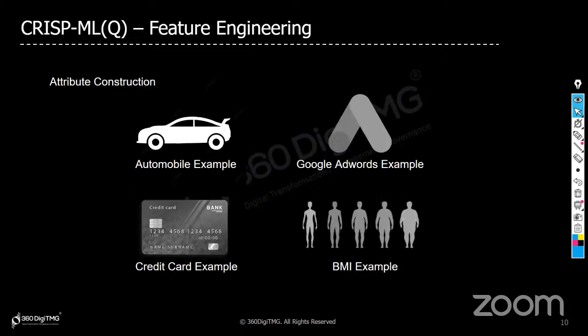Let us talk about one of these. For example, you have a credit card example. For this credit card, suppose you have an output variable Y. Whether the credit card user is fraud or not fraud, we have to understand. For this, we have the data.